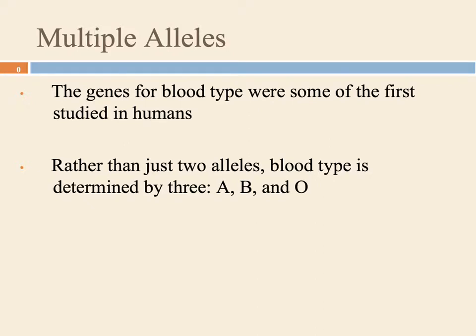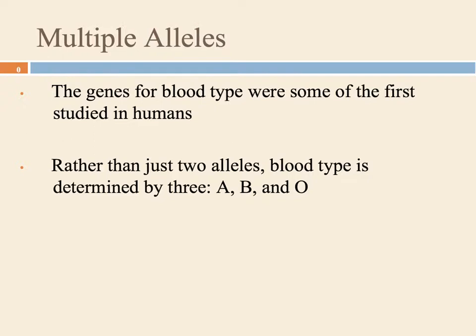Multiple alleles. So far, we talked about genes that were controlled by two different alleles, dominant or recessive. There are traits that are controlled by more than two. For example, human blood type is coded for by more than two alleles.